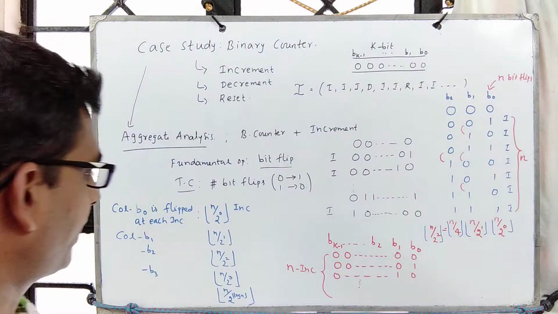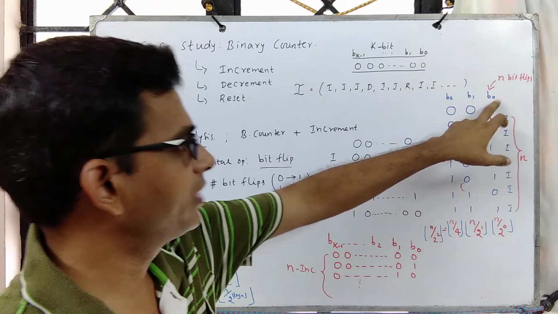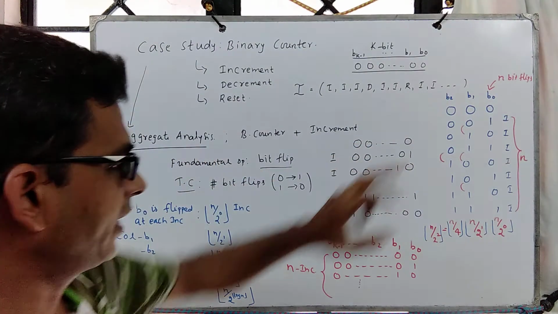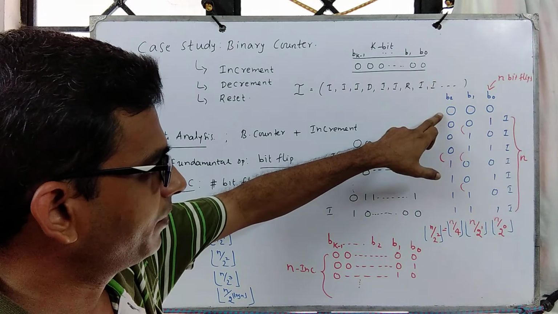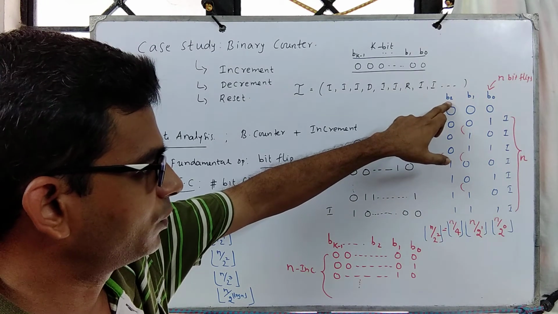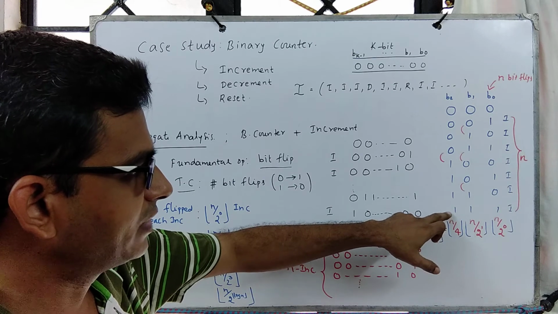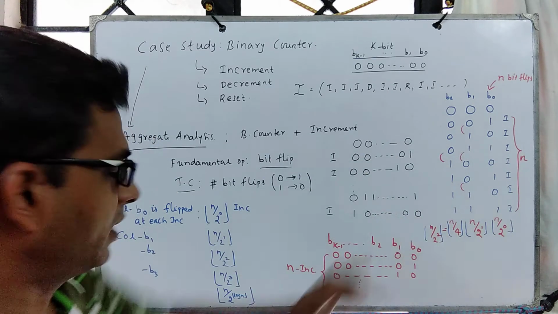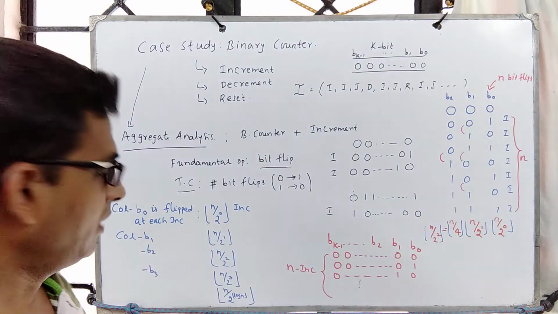So it is a k-size counter, but starting from 0 and we go all the way up to b^k minus 1. So now b^k minus 1, in this case it is 2, and suppose for this example you see that number of increments is 7.